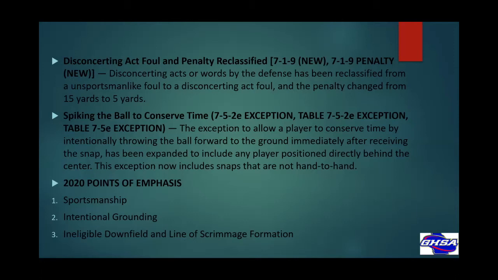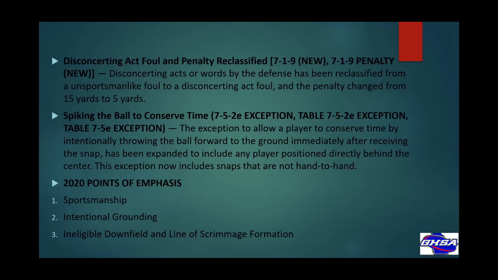Well, that was illegal, and in the past, that foul was unsportsmanlike and carried a 15-yard penalty. Well, they've changed that, and now they're classifying it as a disconcerting act foul. And the penalty is only going to carry a 5-yard penalty. I guess they felt that 15-yard unsportsmanlike for that was a little bit harsh, and we're going to try to equal out the playing field and only make it a 5-yard penalty.